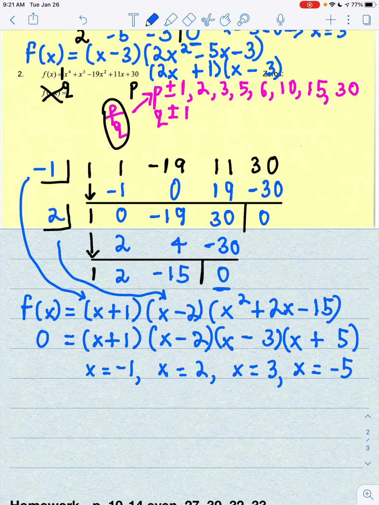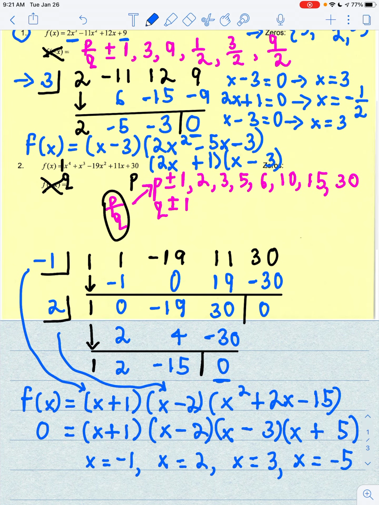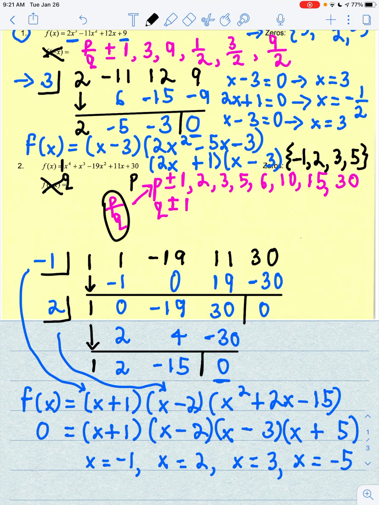But that's how you go about finding them. I could go up to the top where it says zeros if I wanted. And my zeros are negative 1, 2, 3, and negative 5. I think in the back of the book they use set notation like that. I don't care if you use set notation, but so you understand how you're looking at the answers.